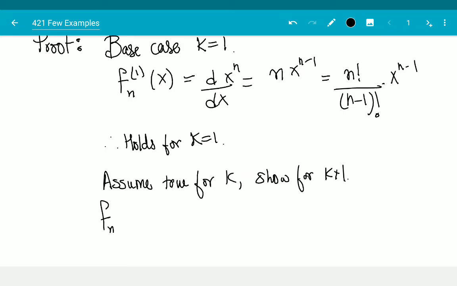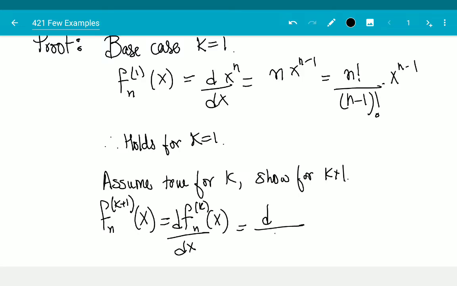So the k plus 1th derivative of f_n is actually just d over dx of the kth derivative, right? Which is equal to d over dx of, by my assumption that it is true for k, n factorial over n minus k factorial times x to the n minus k.